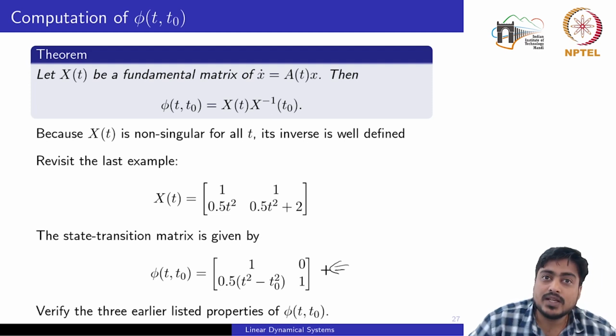So instead of computing the Peano-Baker series, we can compute the closed form solution of the state transition matrix in terms of the fundamental matrix. Once we have computed this phi of t comma t naught, you can verify by yourself all the three properties which we had discussed initially: the solution of the state transition matrix, the semi-group property, and also the non-singularity and the inverse property.